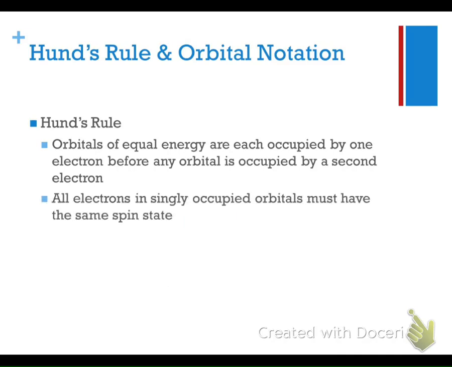All electrons in singly occupied orbitals must have the same spin state. If we look again at these p orbitals, let's say these are the 2p's. We can't put an electron here, and then the electron that goes here is the next negative spin, and then this one's positive again.